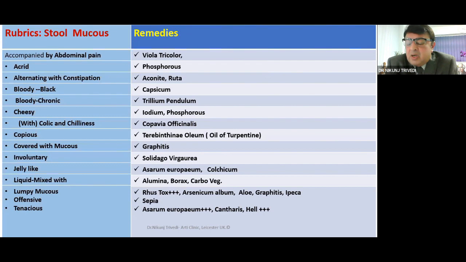Involuntary, the patient cannot control the stool; as soon as the patient develops the urge, the patient has to rush to the toilet: that is Solidago. Jelly-like: Asarum europaeum and Colchicum. Mucus mixed with liquid: that is Alumina. Alumina also has a tendency to develop all the digestive problems with potatoes.